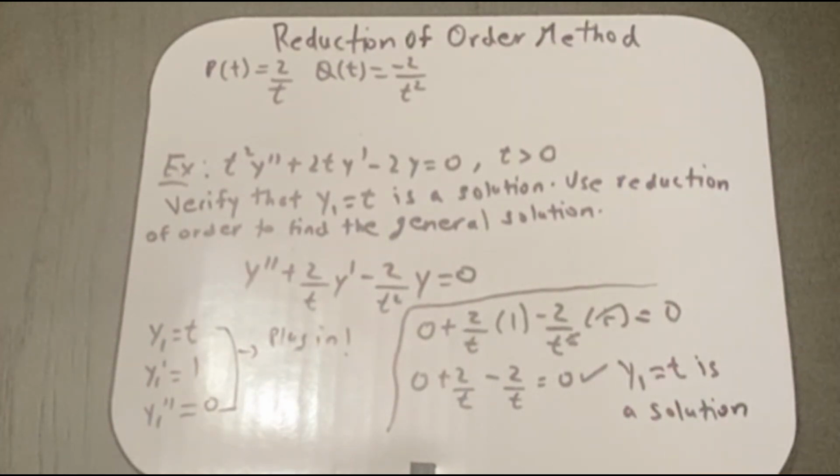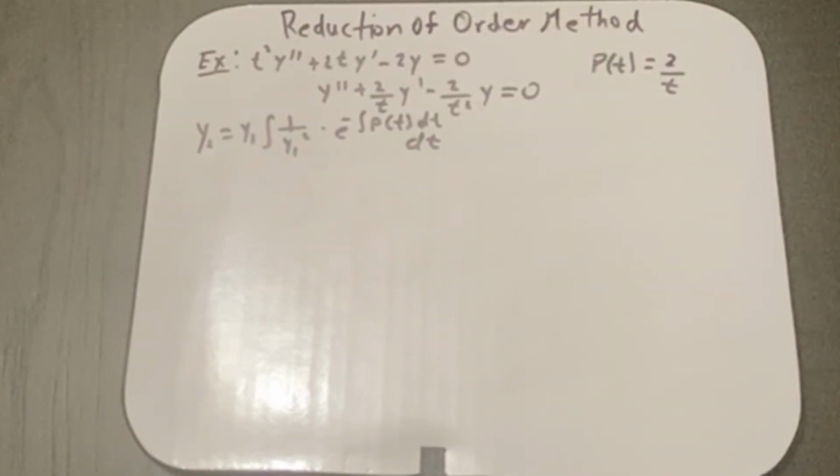Now that we verified the first part, let's move on to the second part. The second part was finding the general solution using the reduction of order method. We need to find our second solution, y2, which is going to be linearly independent. We have this formula that we talked about before, which is y1 times the integral of 1 over y1 squared times e to the power negative integral of p of t dt.